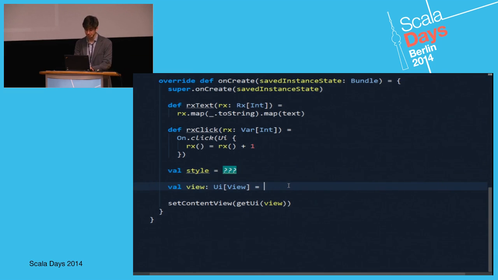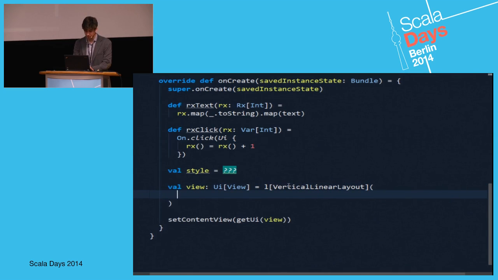So let's start with the layout. So we'll be using a vertical linear layout, and it would have 3 buttons. So we'll attach this style to them, and also the first one would get RxText from variable 1 and RxClick from variable 1 as well.